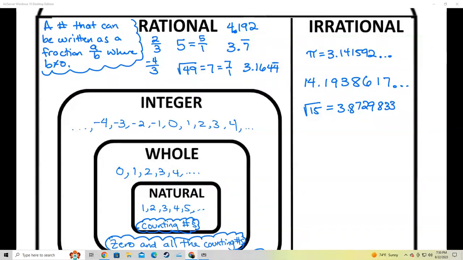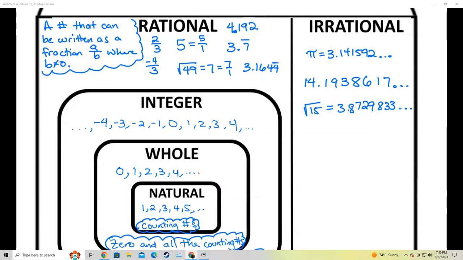Now, at this point, it's really important for you to think, is it that my calculator finished, or is it that my calculator had so many numbers on the screen that it just gave up? In this case, it had so many numbers on the screen that it just gave up. So it's not that this number stopped. It did not. It's just your calculator doesn't have enough space to fill in the rest of the numbers. It gave up.